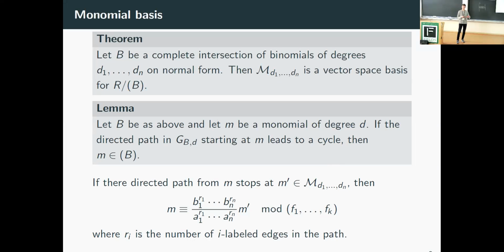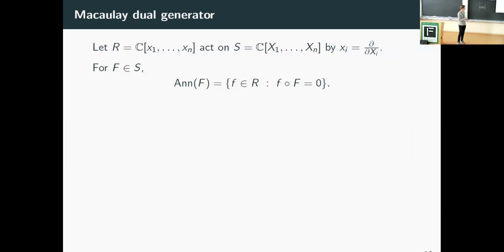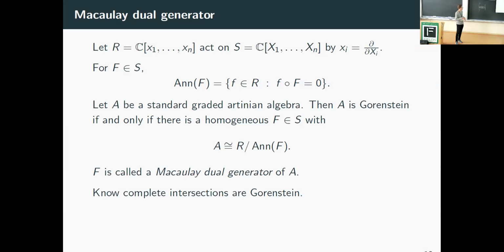Okay, so that was the monomial basis part. Let's go on and say some things about their Macaulay dual generator, and see if we can describe what the Macaulay dual generator can be. So first, we have seen Macaulay dual generators a couple of times this workshop, so maybe I don't need to say so much about this.